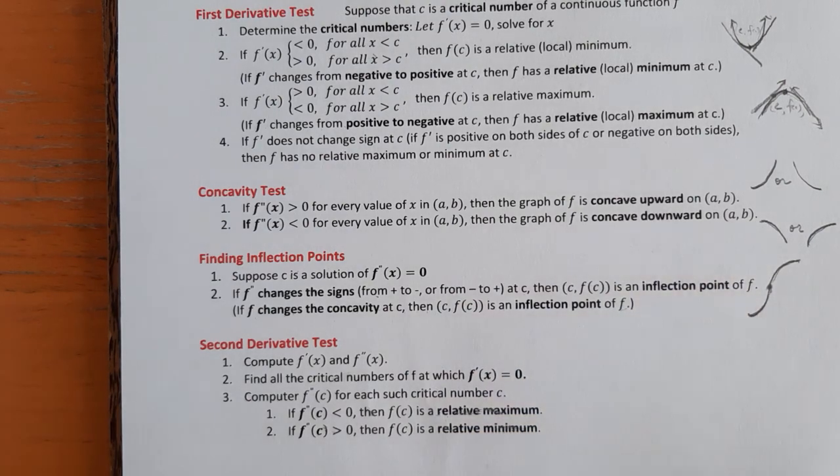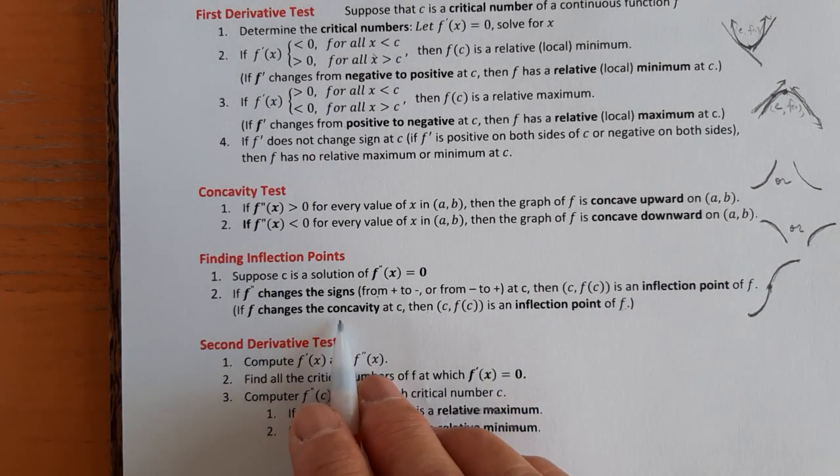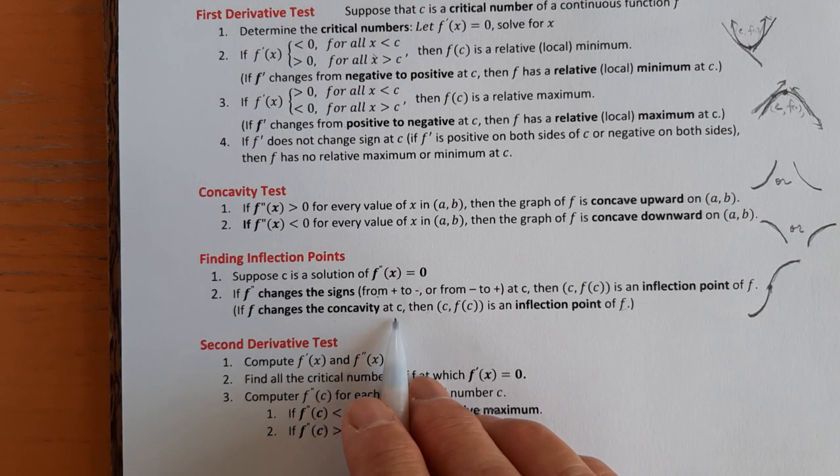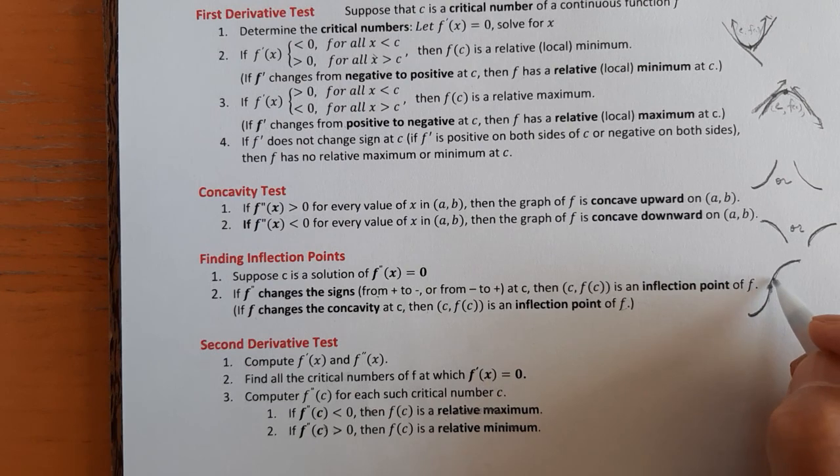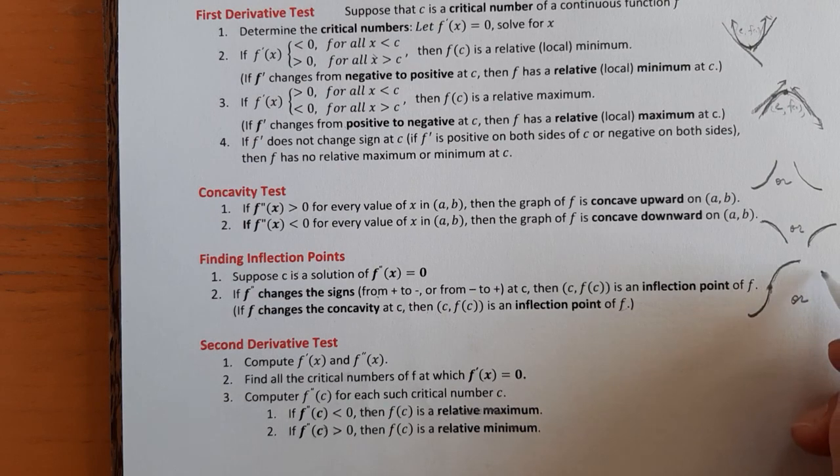And this concavity changed. For the original function, the concavity at c changes from concave upward to concave downward, or from concave downward to concave upward.